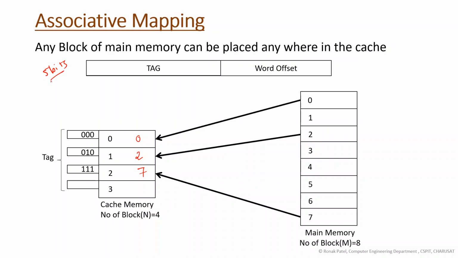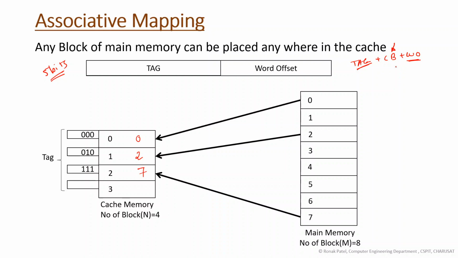Now your physical address is divided into the tag and word offset. In the previous case, we had the tag, then cache block offset and word offset. But here we have only tag and word offset. In the previous case, first using the modulo operation we were finding the cache block, and then using the tag we were checking whether the particular block is present or not.